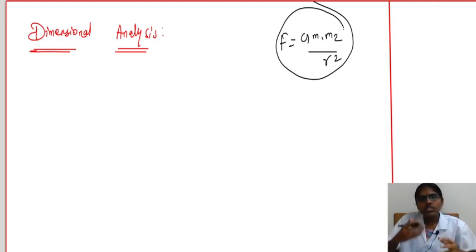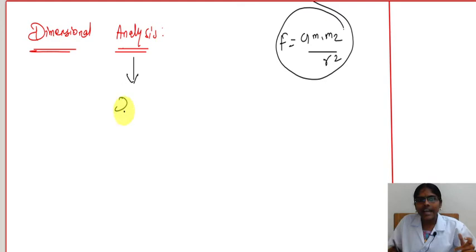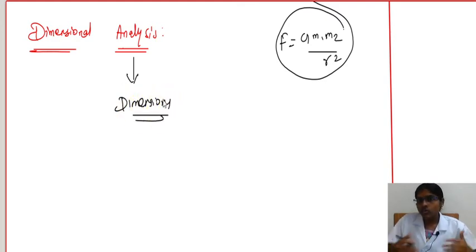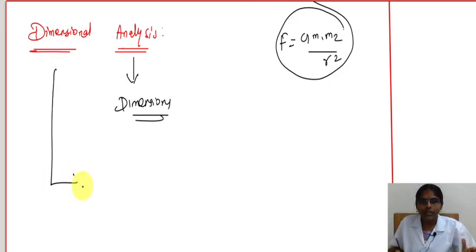So instead of following the conventional method, when I'm dealing with such a physical phenomenon, if I'm using dimensions, right? Okay, so when I'm dealing with any physical phenomena, if I use dimensions, that is called dimensional analysis.